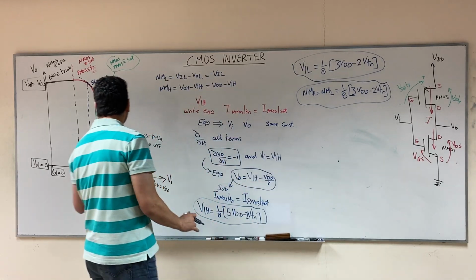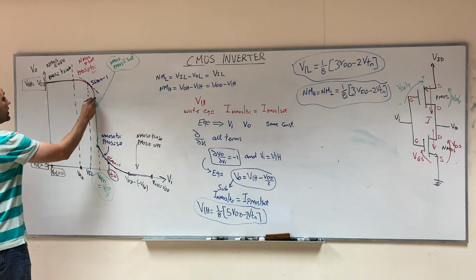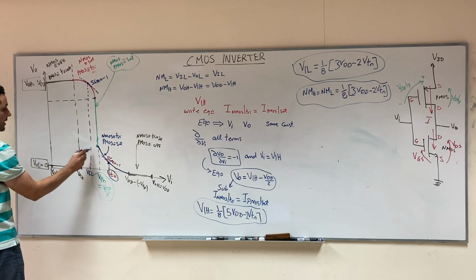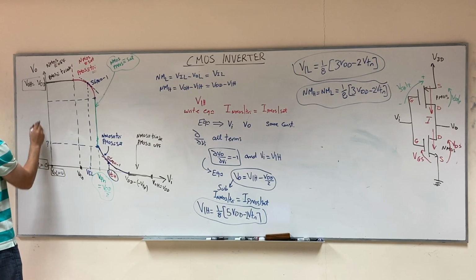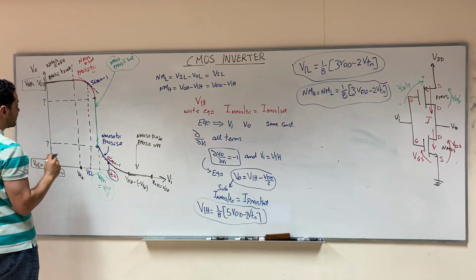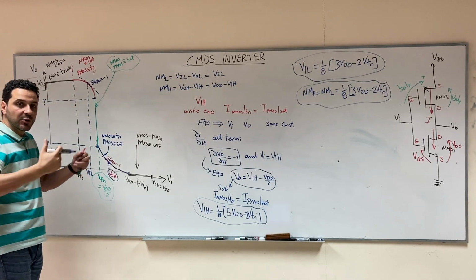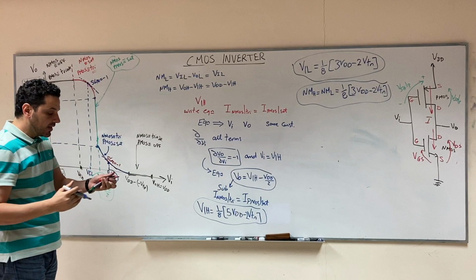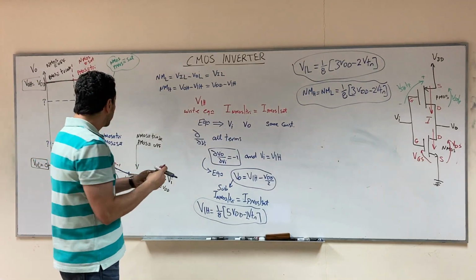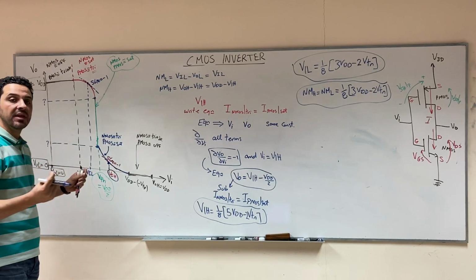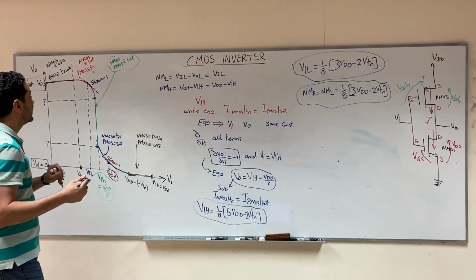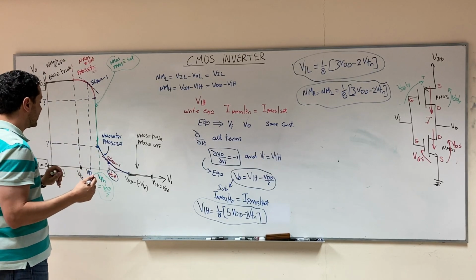Two other interesting points are this point and this point. If you want to calculate the value of this point and this point, I'm teaching you the procedure of how to calculate any point on the curve that you are interested in. The procedure is to ask yourself, what happens at this point and what happens at this point.